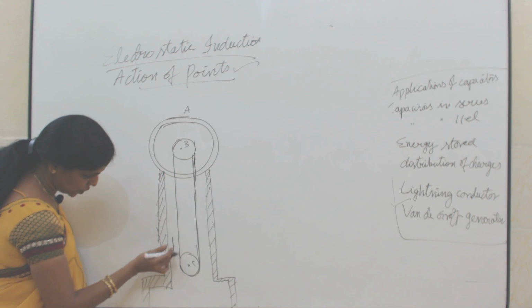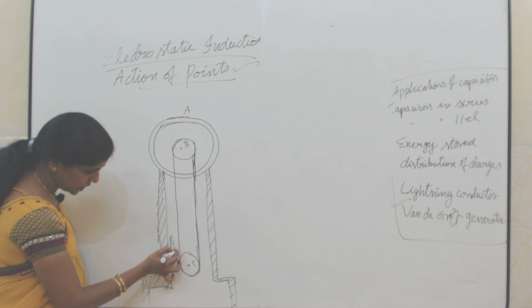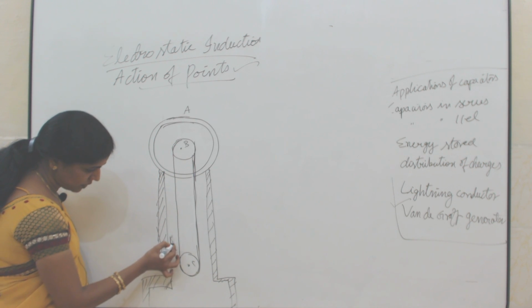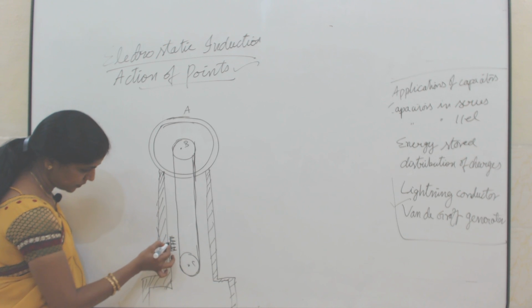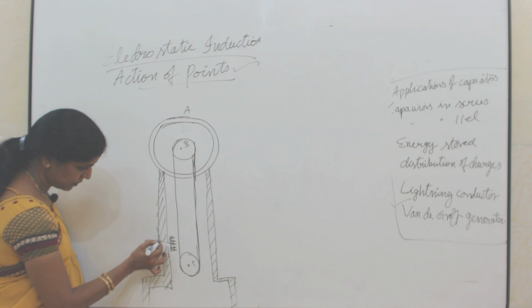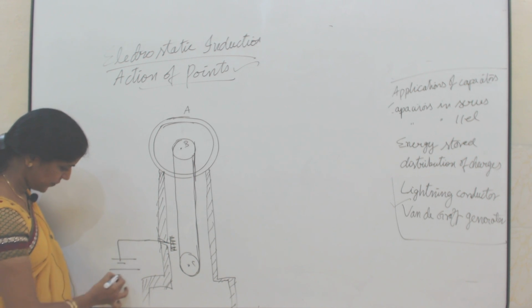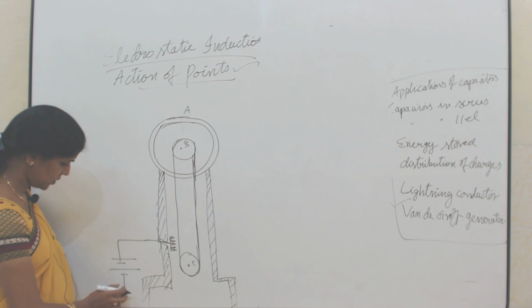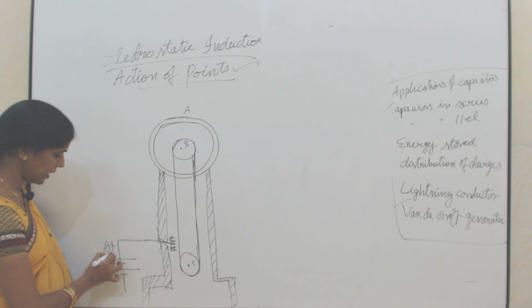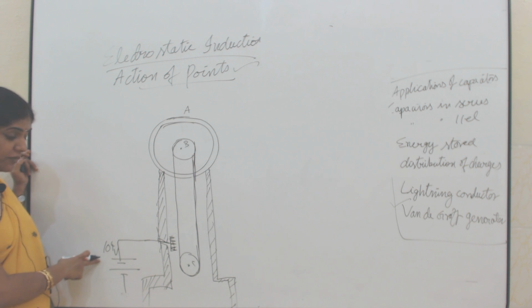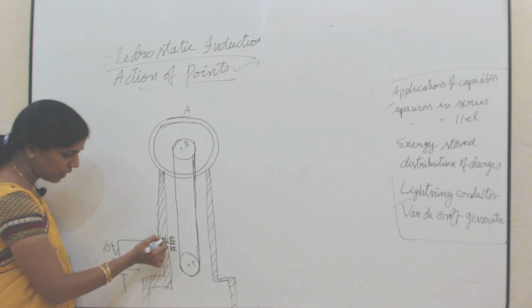Here I have two comb shaped conductors. It is connected to a battery of potential 10 power 4 volts. How much potential we are going to supply for this comb?